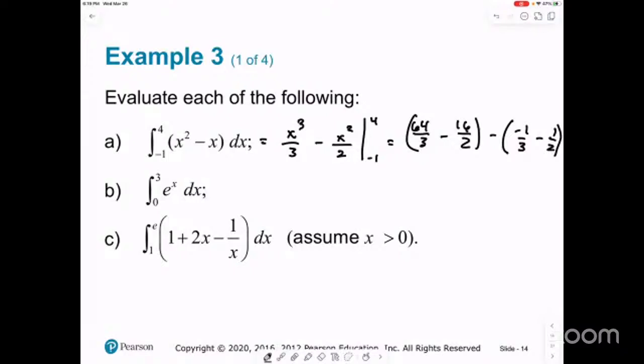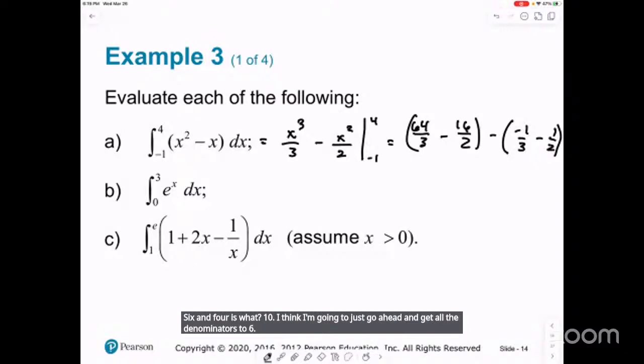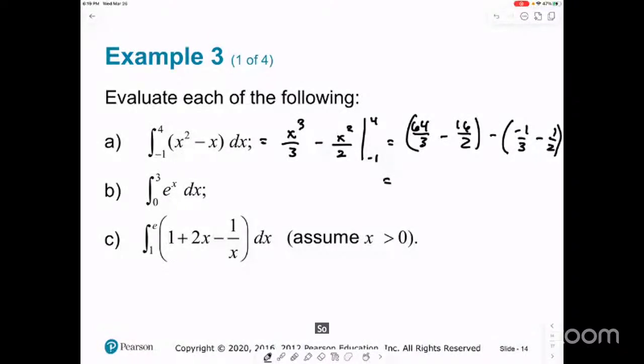I think I'm gonna just go ahead and get all the denominators to 6. So 128 over 6. Let's try that one more time. 30 plus 18, 48. Is that right? Okay. Minus 48 over 6.